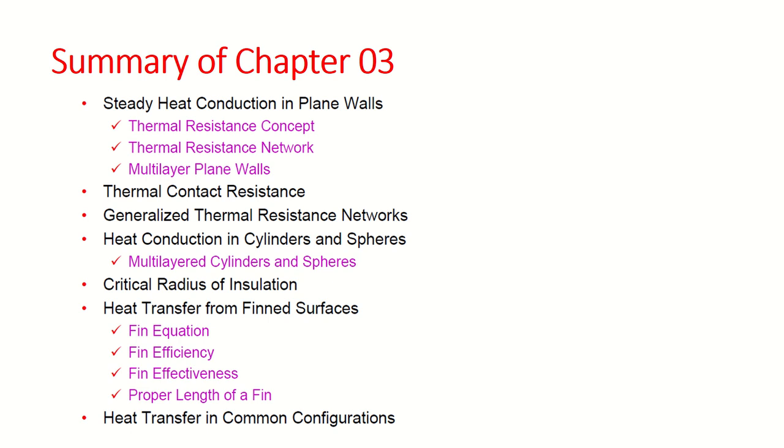But since we are dealing with steady state, what is the rate of change of energy of the wall? It's zero, because dE by dt is zero, because there is no change with respect to time, it is constant, since we are dealing with steady state. And then you went through the thermal resistance concept.